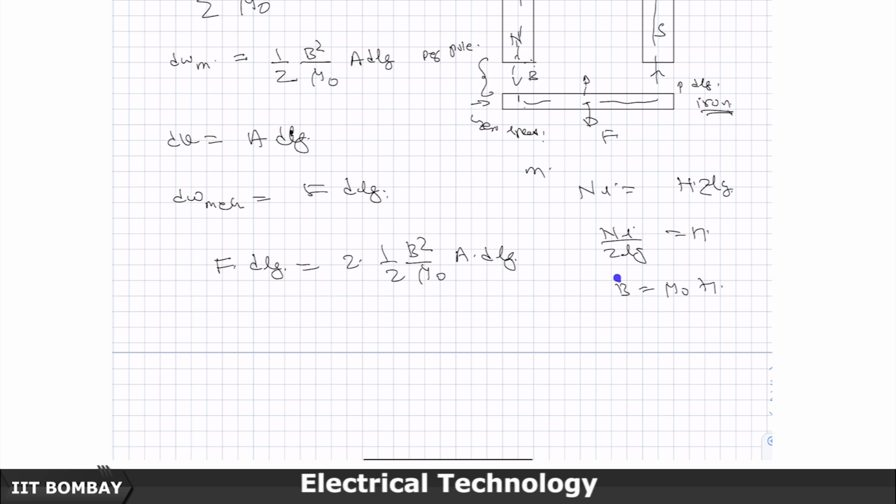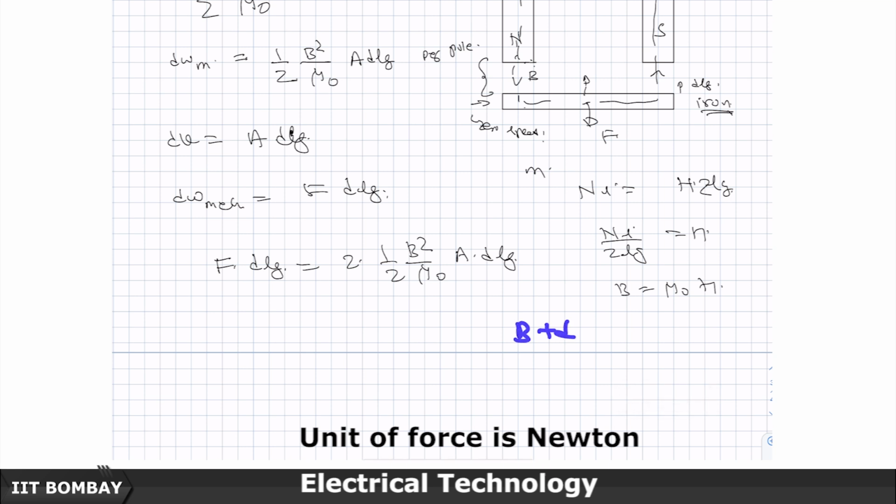Here the B will increase as I keep going up, but for a small change dlg I can take infinitesimally, change in the dB can be ignored, because it will be like B plus dB whole square by 2 mu naught and then times of dV, and then when you do the linearization, taking you back to your calculus, this product of dB into dV can be ignored.